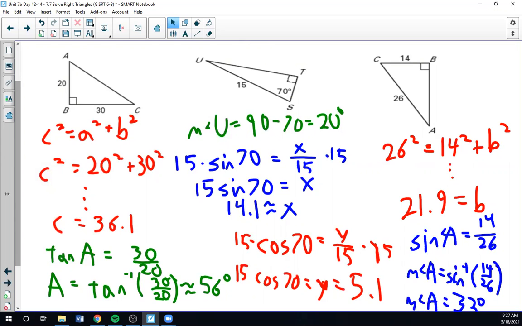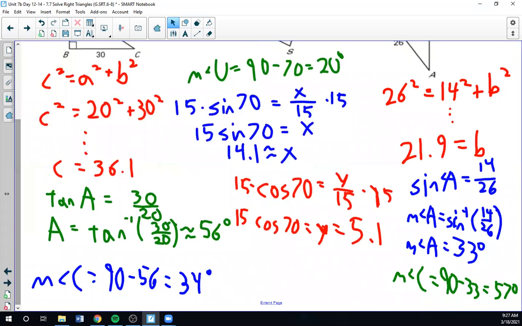Opposite and hypotenuse, that's going to be sine. And since we're solving for an angle, we need the inverse trig. And as soon as I know that angle, I'm going to subtract it from 90 to get the other angle. So angle A was 33, and angle C was 57.